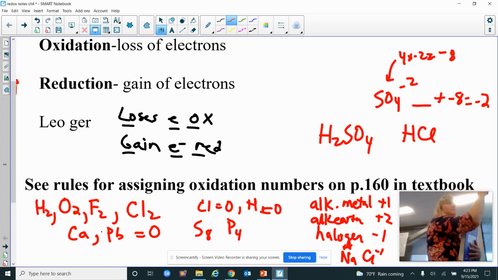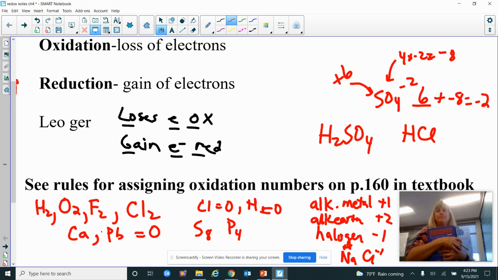So in this case, the sulfur in that compound has to be +6. Okay, so sulfur is +6 in there because the oxygens are -2, and they have to add up to be -2 overall.